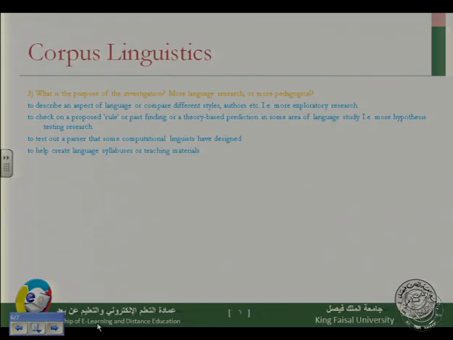To help create language syllabuses or teaching materials, as I said, for pedagogical reasons, you want to improve teaching materials and syllabuses. To help evaluate syllabuses or teaching materials, not only creating but evaluating your own syllabuses and teaching materials.